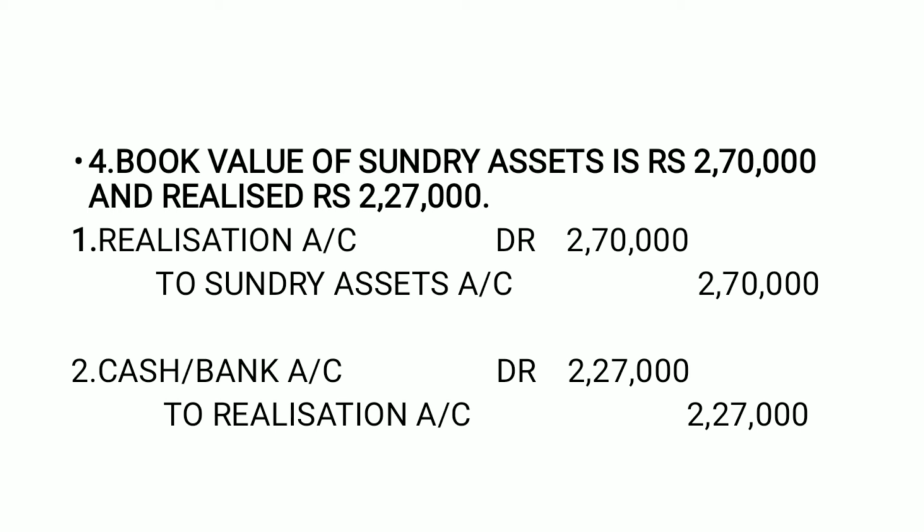This is the realizable value. This is the book value. So being sundry assets account closed and transferred to realization account, and second journal entry, cash and bank account debit to realization account 2,27,000, clearly instructed here that assets have realized 2,27,000 rupees.